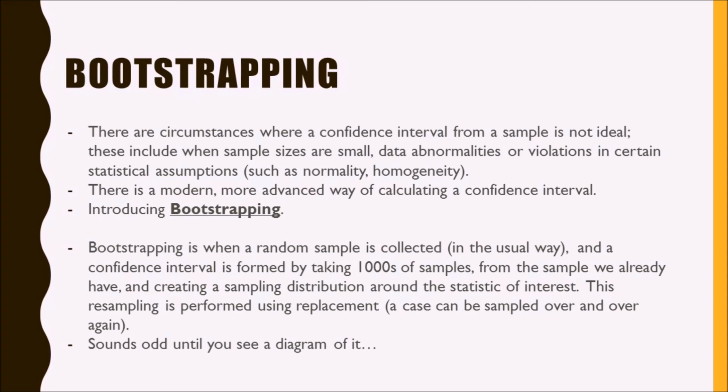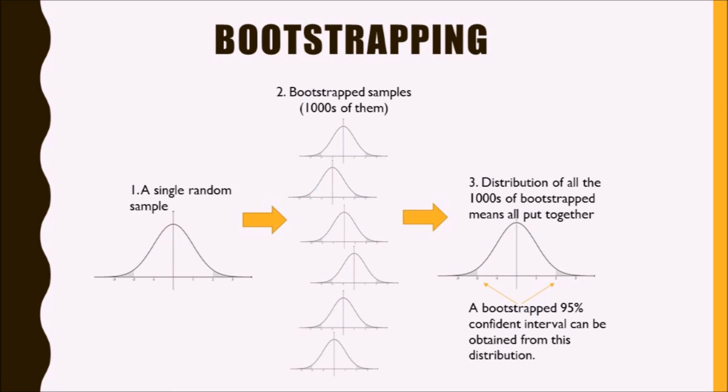This diagram demonstrates it perfectly. At stage 1 we have our sample. At stage 2, we take many samples from our initial single random sample, and we call them our bootstrap samples. There are thousands of them. Computers do this process for us.